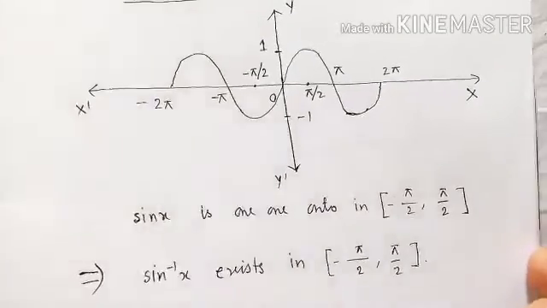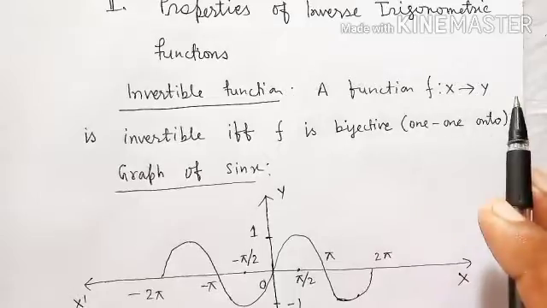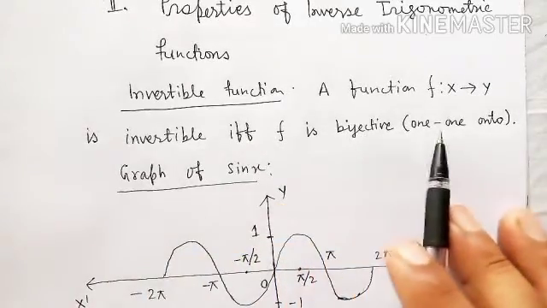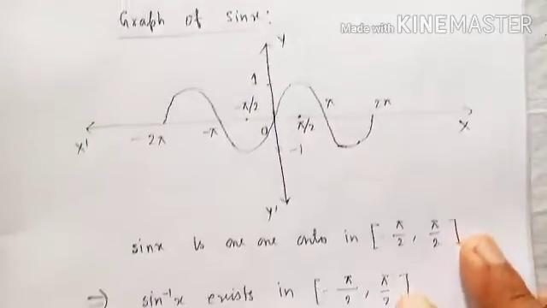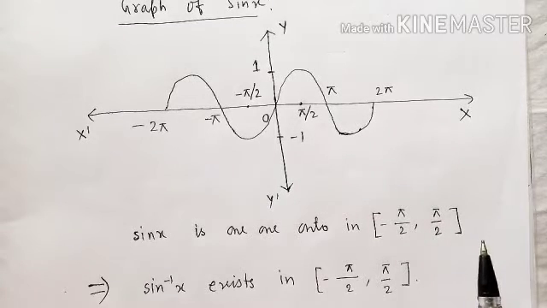We have already studied that a function f from X to Y is invertible if and only if f is bijective, one-one and onto. So if you take this interval, sin x will be invertible.